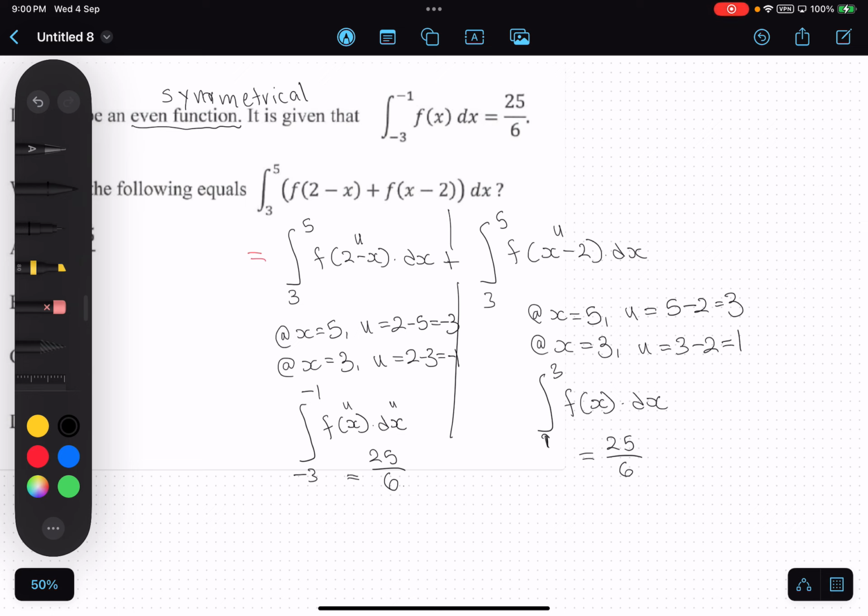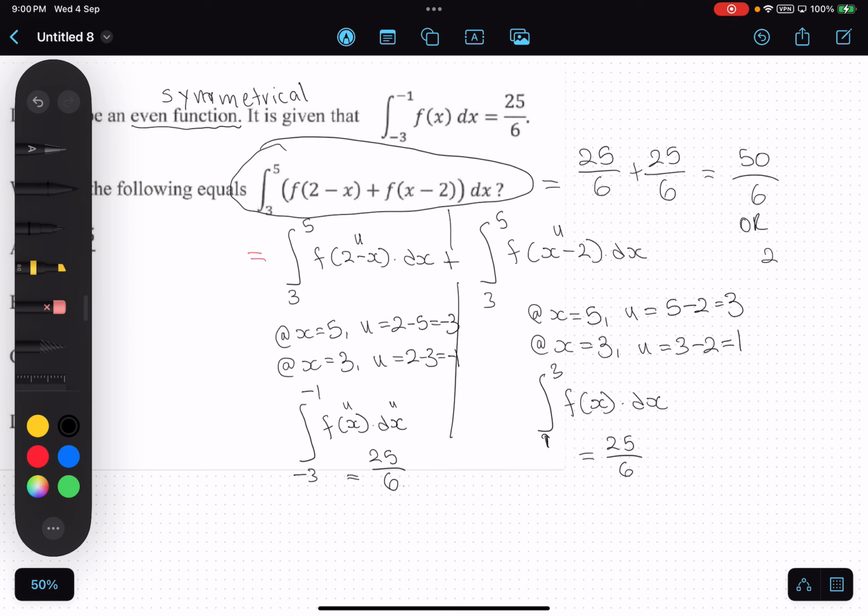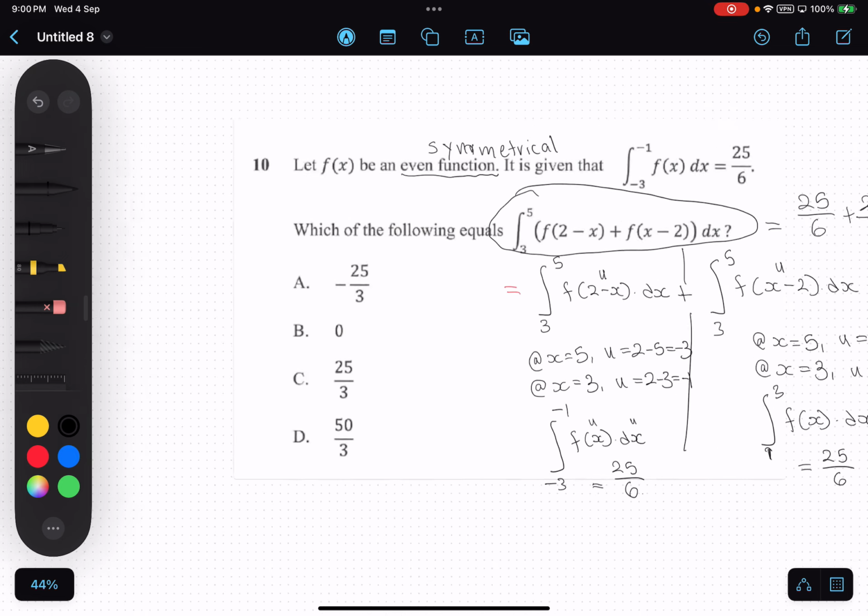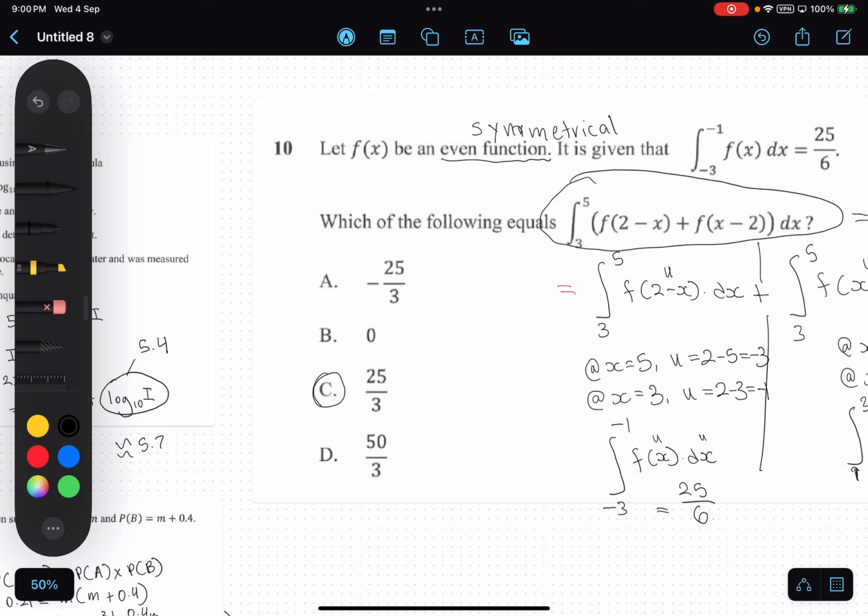Since we transformed both of the integrals, this equals 25 over 6 plus 25 over 6, which equals 50 over 6, or 25 over 3. So our answer is going to be C.